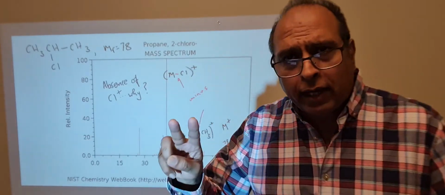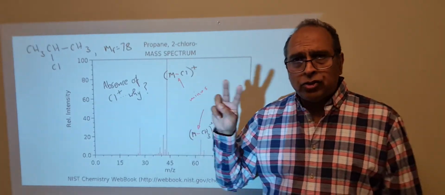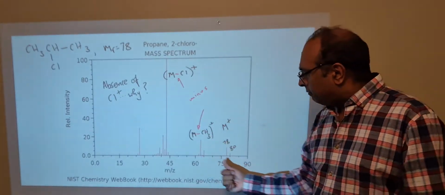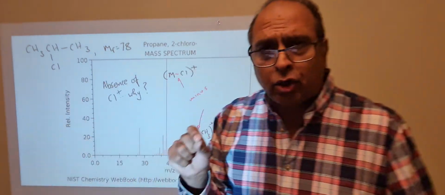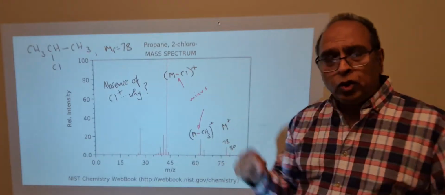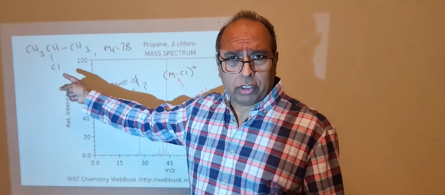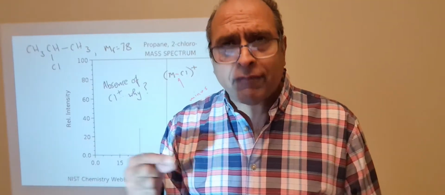If you don't know that, you need to learn that. That should be part of your chemical general knowledge. Now, if that 78 is with chlorine 35, this 80 will be that molecule when the chlorine is the chlorine 37 isotope.